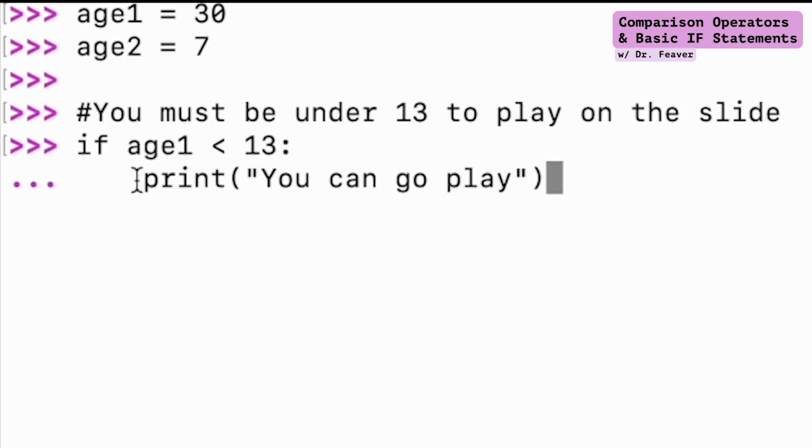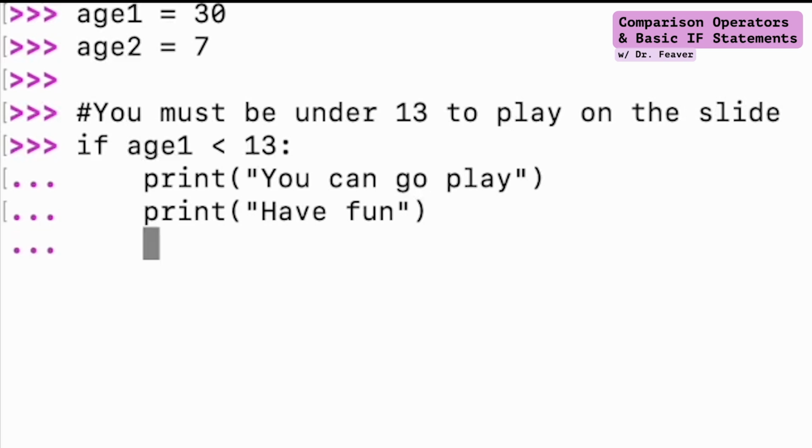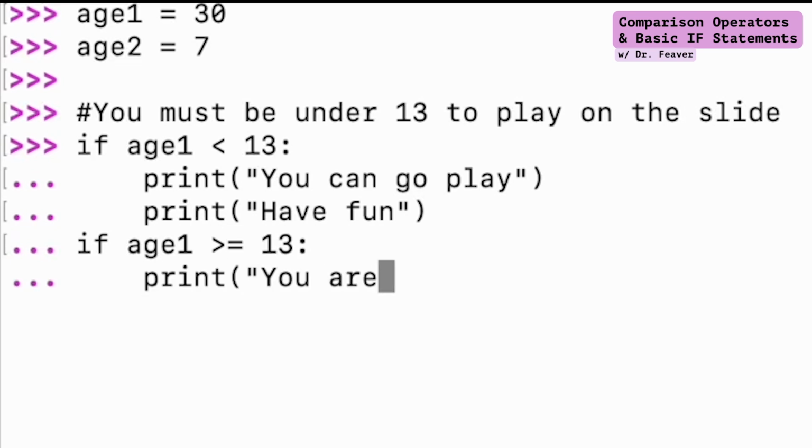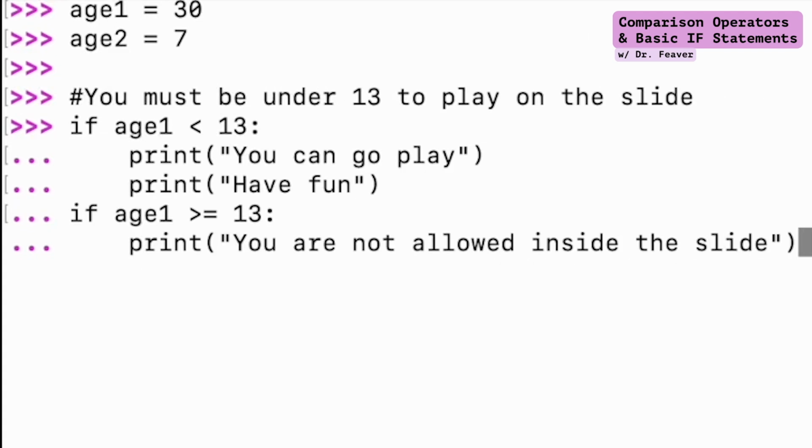So I can say print you can go play, I can say print have fun, and both of these are indented, so they're both going to happen if the age is less than 13. Now, this is what we do if someone is less than 13, but if someone is older than or equal to 13, then we'll say print you are not allowed inside. If age 1 is bigger than or equal to 13, we can print you're not allowed inside the slide.